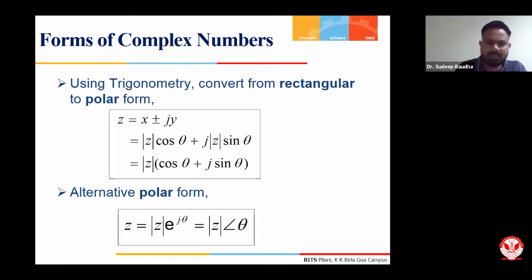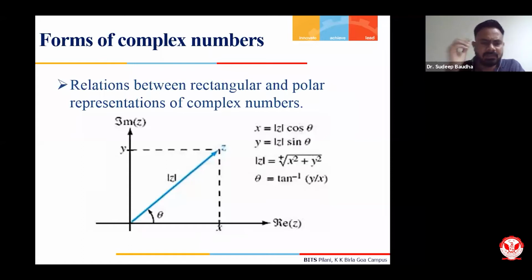In the next slide, I will show how it is. Suppose I have a complex number Z with this orientation, making angle theta with the x-axis, as you can see. If I write Z in terms of x and y components, the y axis is the imaginary axis and the x axis is the real axis.